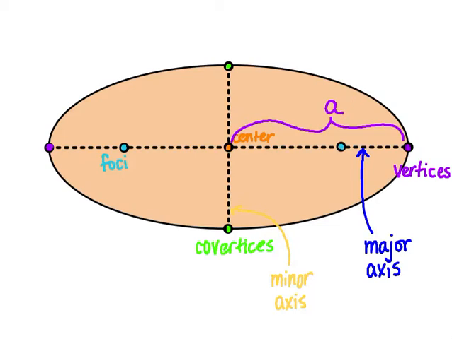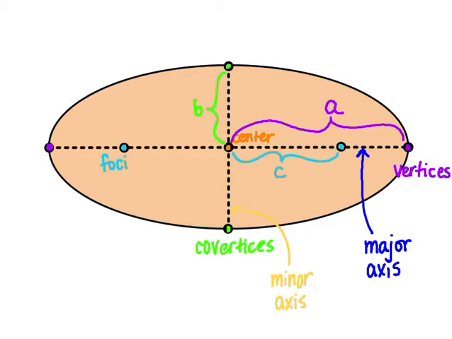The distance from the center to the co-vertices is called B. And the distance from the center to the foci is called C. So A, B, and C.